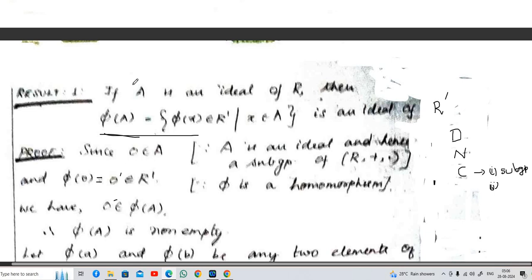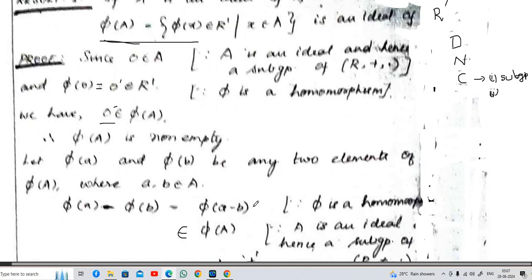A is given to be an ideal, so 0 will belong to A. That means phi of 0, which is 0 prime, is present in R prime. So we have 0 being a member of A, phi of 0 belongs to R prime, that is the identity element, and that being present in phi of A, it is non-empty. So this 0 prime being a member of phi of A, it is non-empty.